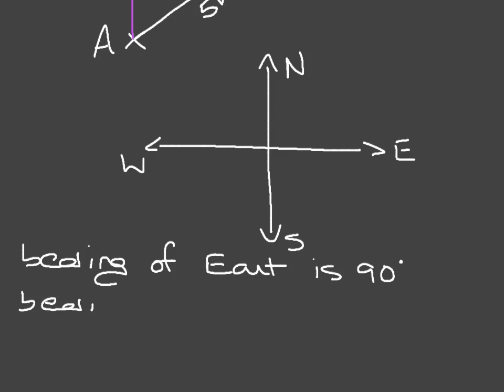The bearing of south is 180 degrees. Remember, each time here, I'm measuring these directly from north going clockwise. So, to get from north to east, I turn 90 degrees clockwise. To get from north to south, I turn 180 degrees clockwise. To get from north to west, we'll have to turn 270 degrees clockwise.